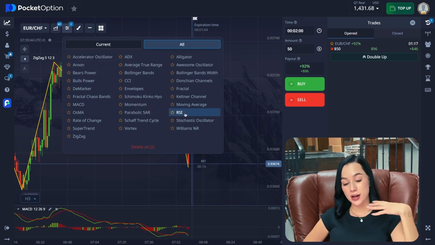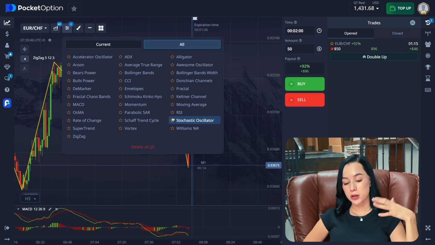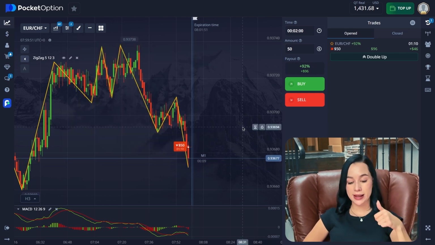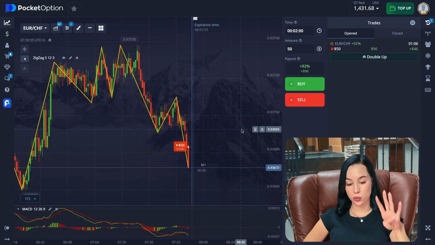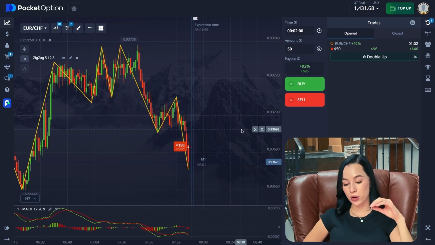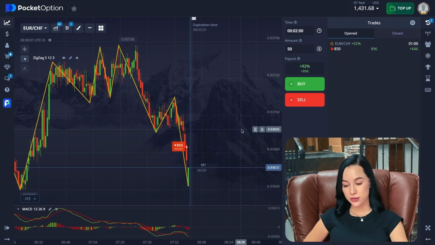At the same time, for finding entry points, to spot potential buy or sell opportunities, for example Bollinger Bands, Stochastic, MACD also. They help you filter the noise, which is why I like them, to avoid false signals and make more precise decisions. You definitely need that.